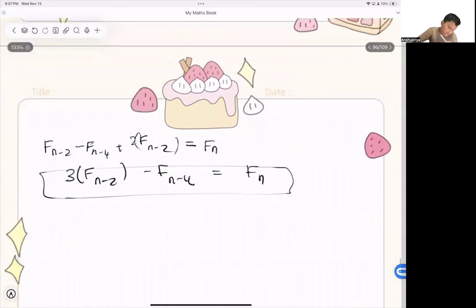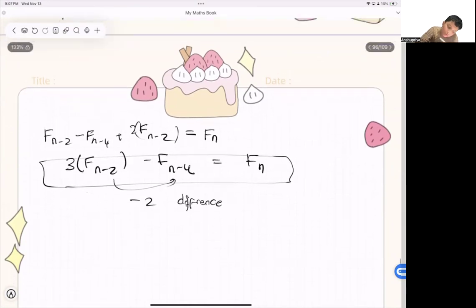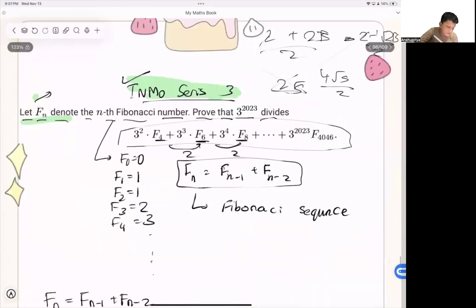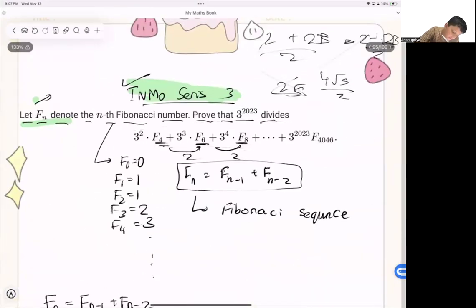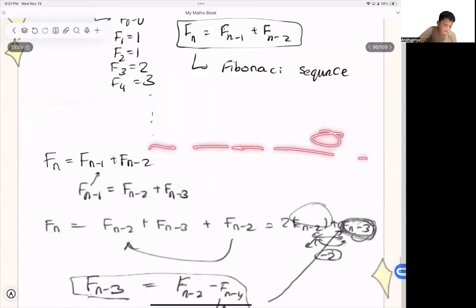This is important. See, I got a minus 2 difference. You understood, right, why I want this minus 2 difference? Now look, here it's even numbers, even numbers, even numbers, and this is also an even number.